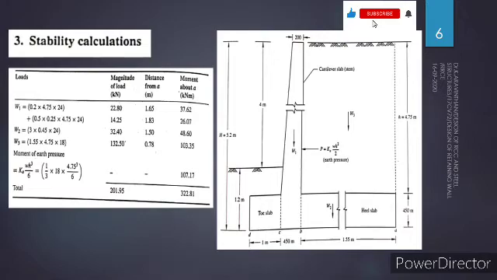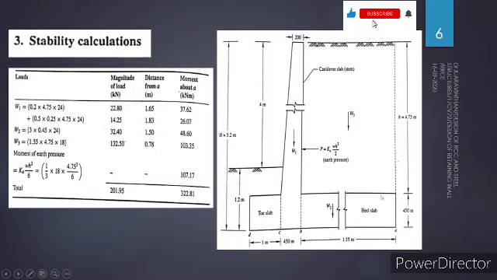Why we are going here is, right now we have designed the stem of this retaining wall, and for designing a stem, you had only one force, which is active earth pressure.